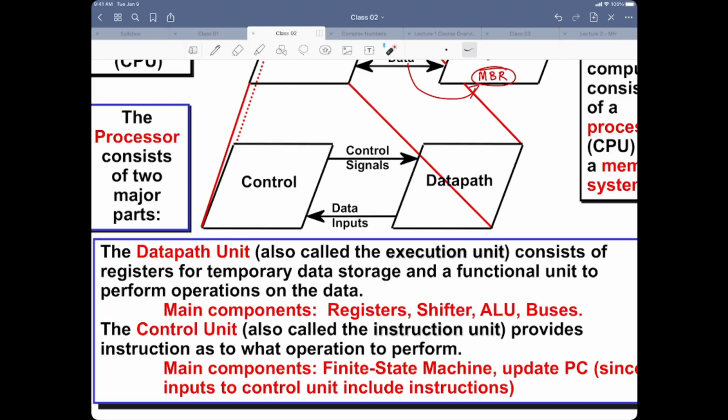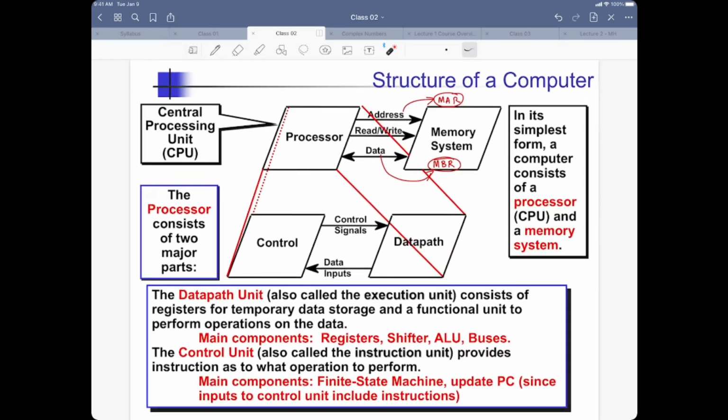The second job is what? Send all the control signals to all the components in the data path. Register, you want to load, send the signal. Register, you want to read it, send the output enable signal. So all of those signals are being sent by the control unit, which is an FSM.